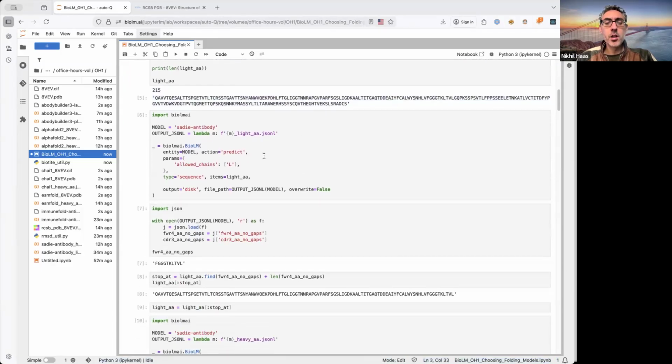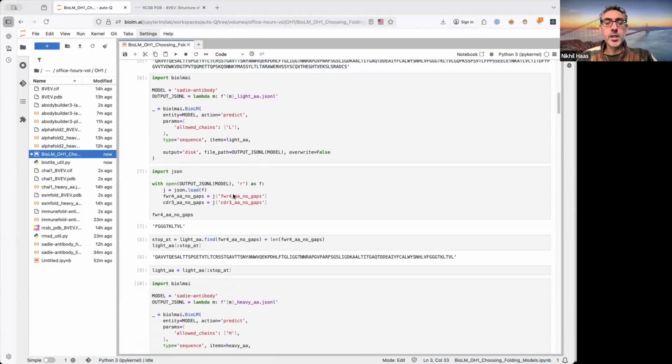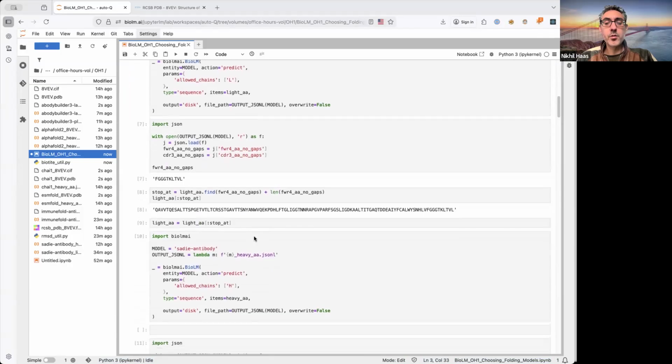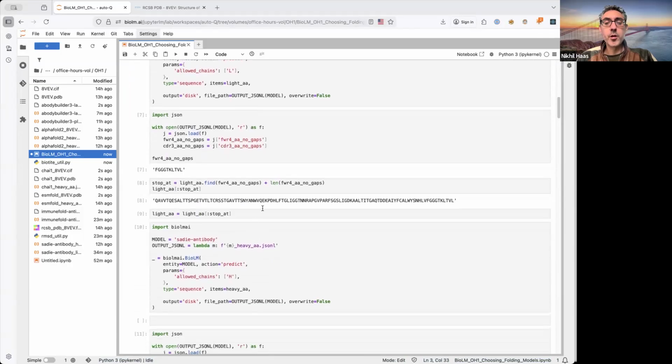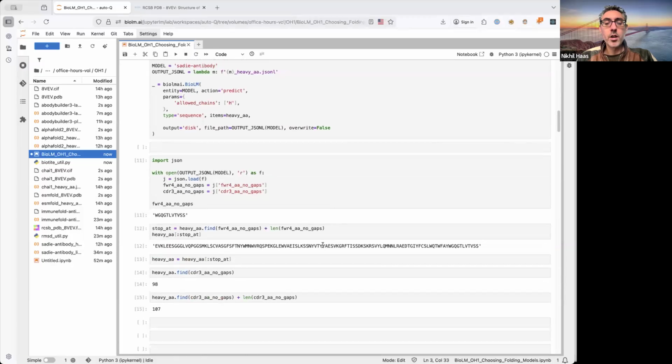And then I used our BioLM endpoint, CAD antibody, to renumber the light chain first. And that gave me the CDRs and frameworks. And I just used that information to pull out the part of that sequence we want, basically up to framework 4. So we have CDR1 all the way up to framework 4, and then did the same thing for the heavy chains.